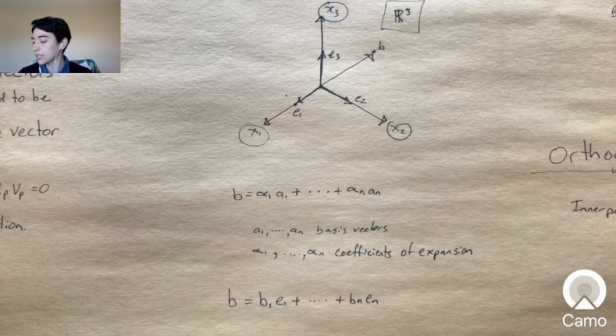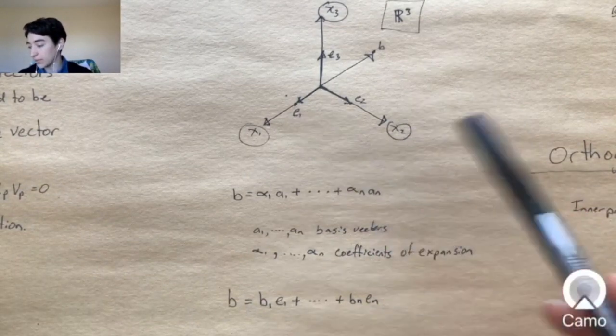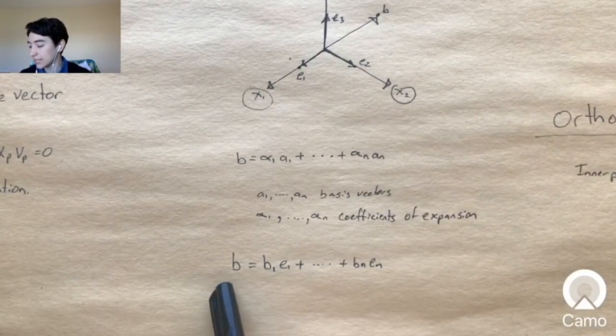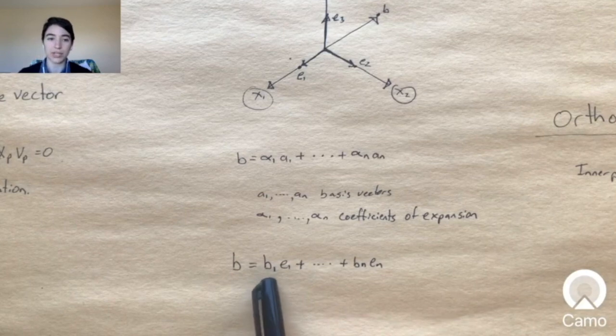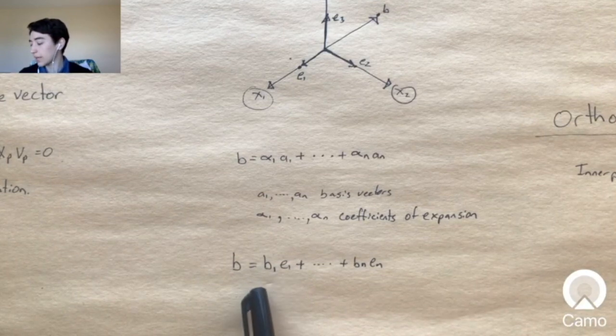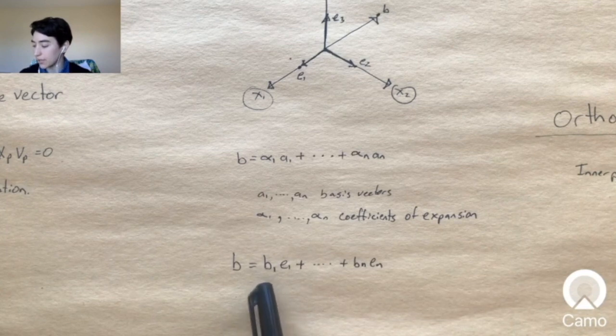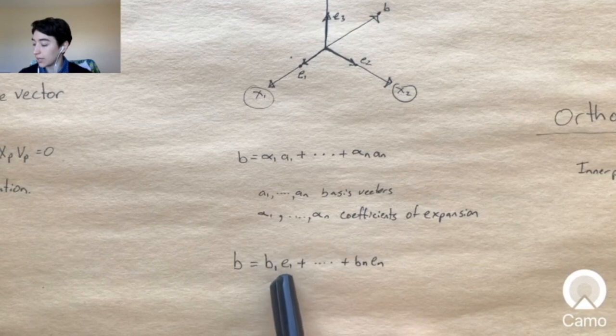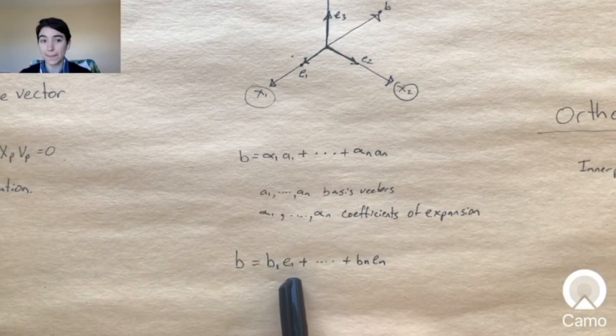And let me move my notes over. Okay. And so that's what we've done here. And then more specifically, in this case, I just changed the naming convention to B. So our coefficients of expansion in this case are B1 on through Bn, and our basis vectors are now explicitly the standard basis vectors.